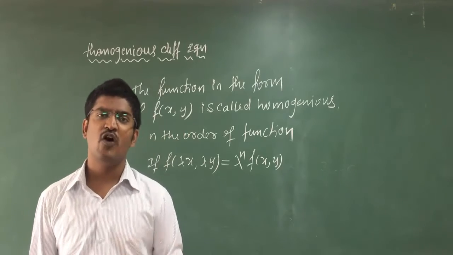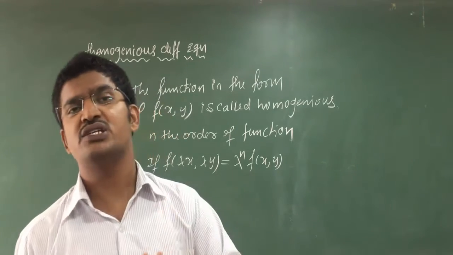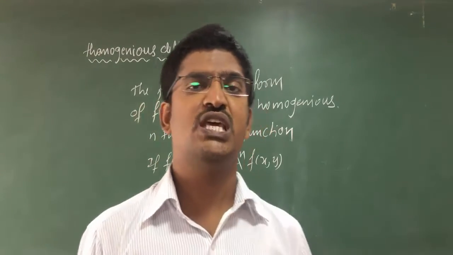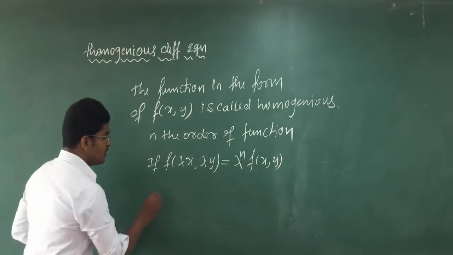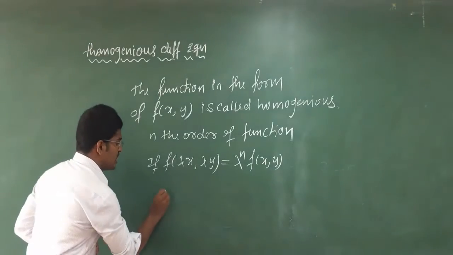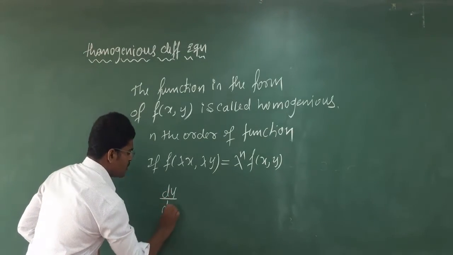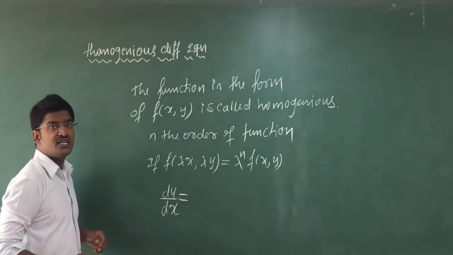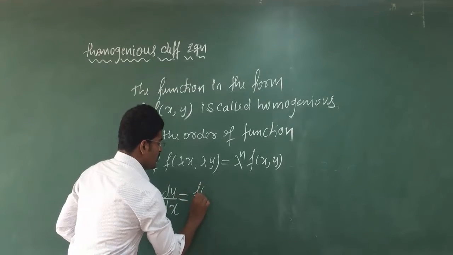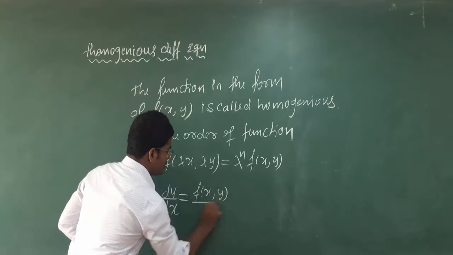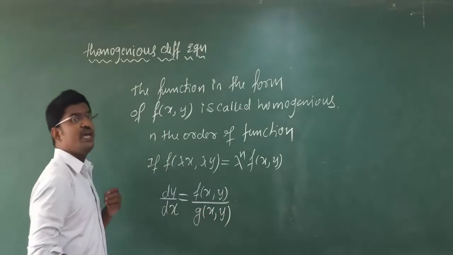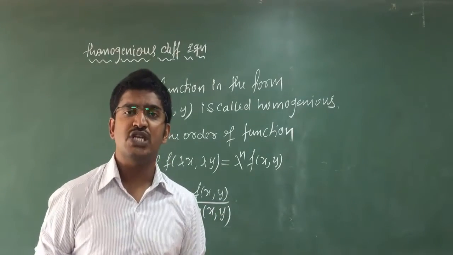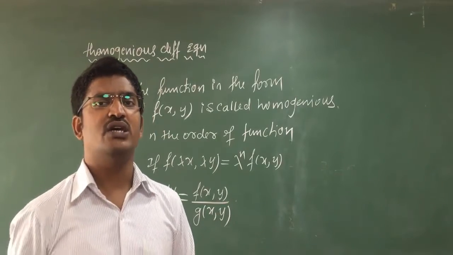Now let us go for the differential equation which is in homogeneous form. Clear, students? You see here the differential equation in the form of dy by dx equal to f of x comma y divided by g of x comma y will be the form of a homogeneous differential equation.